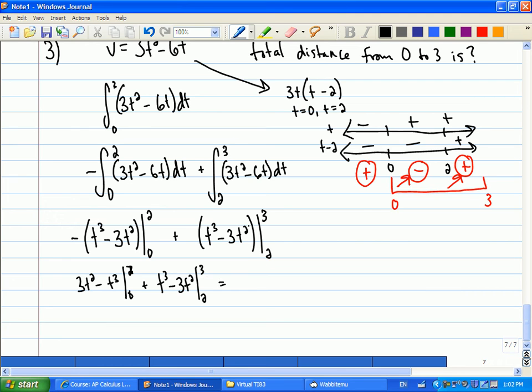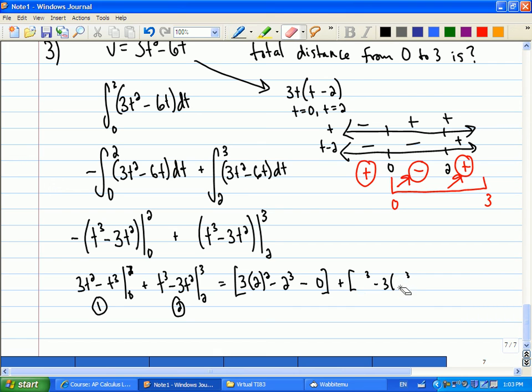So 0 is nice. I don't have to worry about anything with the 0 there, but I will have 3 times 2 squared minus 2 cubed. Then I'll subtract nothing. So this is the first piece. And then the second piece is going to be 3 times 3 squared minus 3 cubed, sorry.